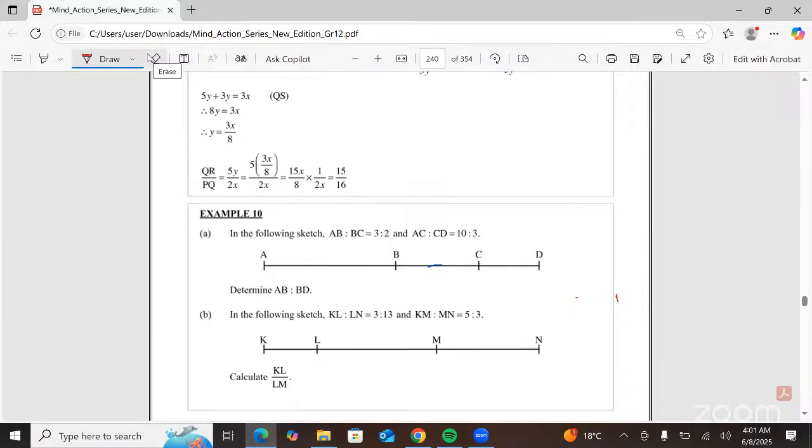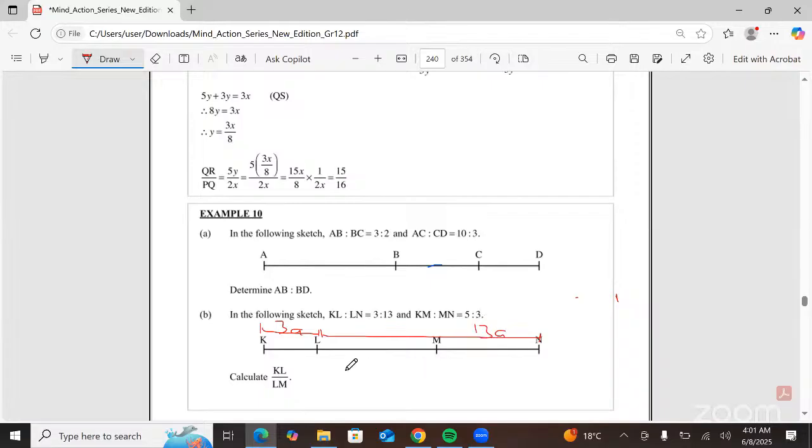We plug in our data. What is the data that we are given? KL is 3a. LN is 13a.